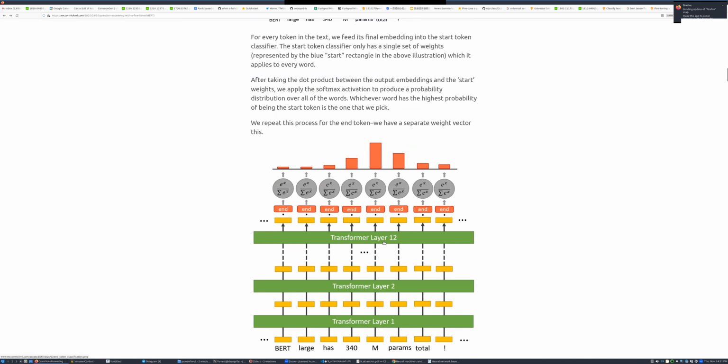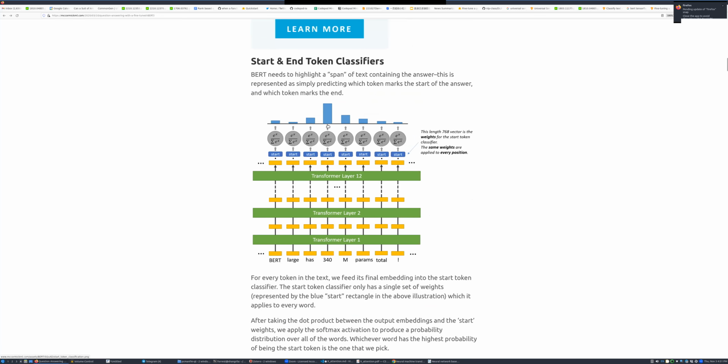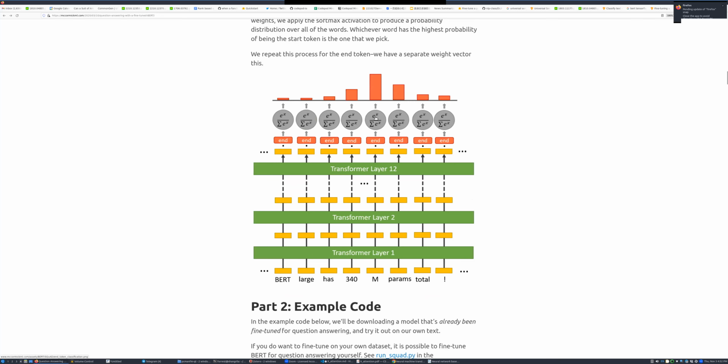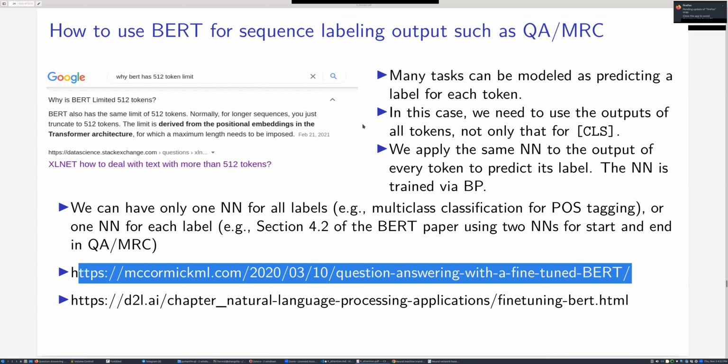Then we just need to scan for the maximum activation for the start and the maximum activation for the end, and we can generate the segment corresponding to the answer. That's the idea of how to use BERT to do question answering or machine reading comprehension.